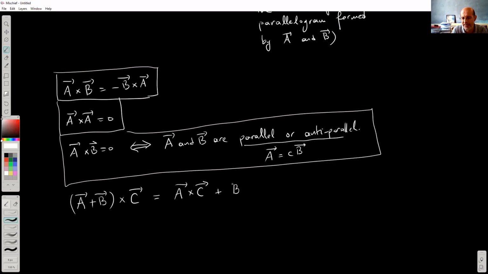That's basically what makes it a proper algebra. So that essentially means, as long as you note this important rule that they don't commute, you can use the ordinary algebraic rules for actually doing the cross product. Okay, that's essentially what it means. So that's distributivity.